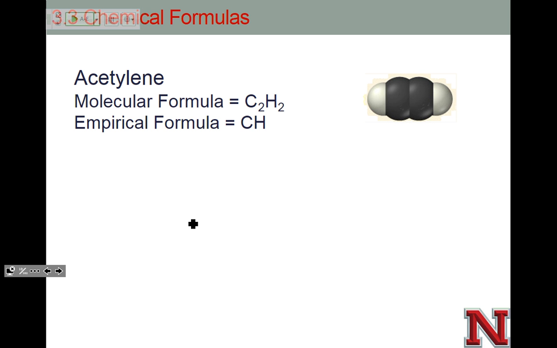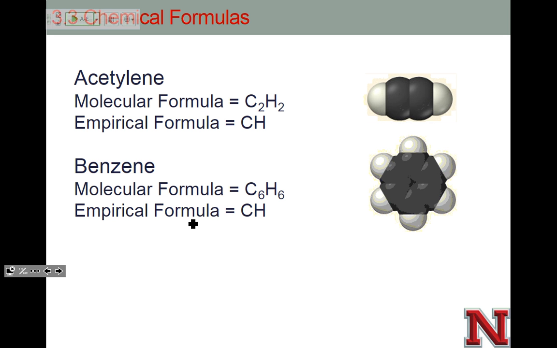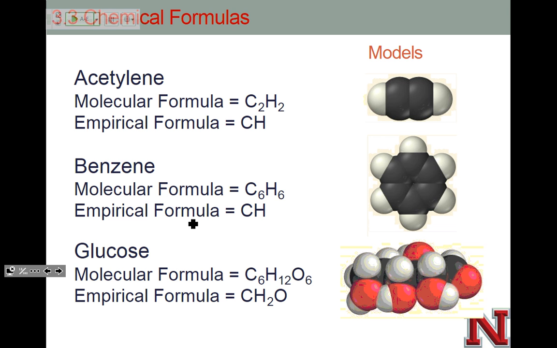For example, acetylene has the molecular formula C2H2 and the empirical formula CH, and this is one of those space-filling models showing how it is bonded. Benzene is C6H6. Its empirical formula is CH, which clearly doesn't tell you everything about it. You don't need to memorize these; I'm just showing you these different representations.